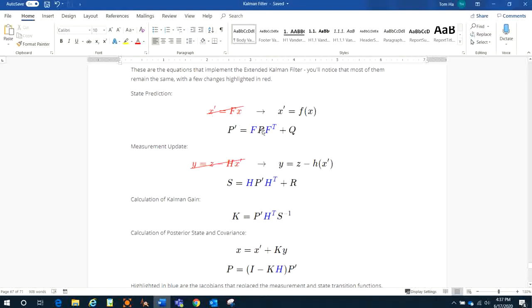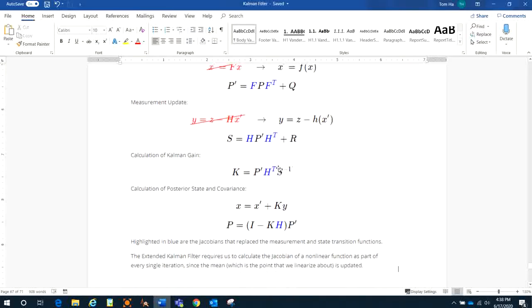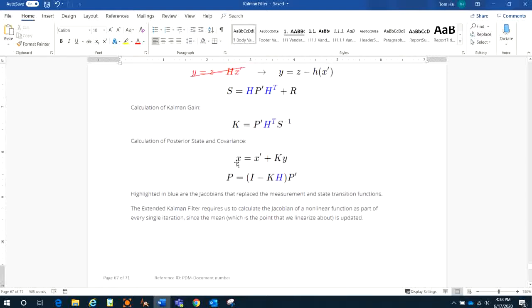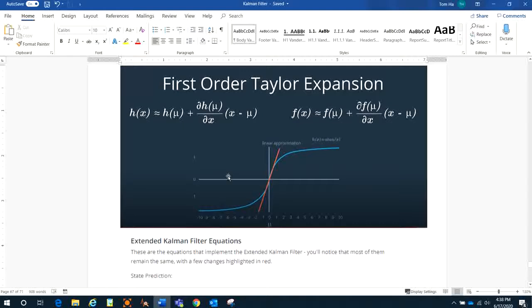But if it's a nonlinear state transition function, we apply the extended Kalman filter, and we apply the Jacobian to find F. In a similar way, if the measurement function is a nonlinear function, we can apply the extended Kalman filter, and we use the Jacobian to find H to update the measurement, the state variable update and the covariance update. Just a little reminder about that.